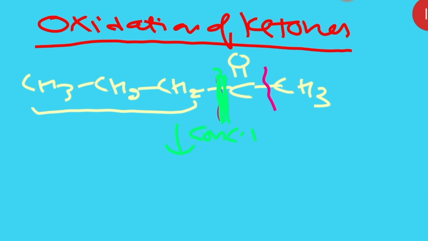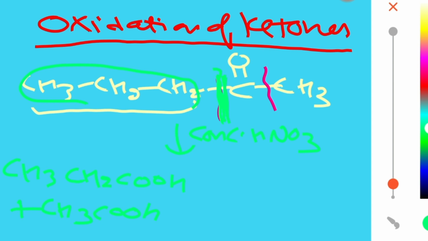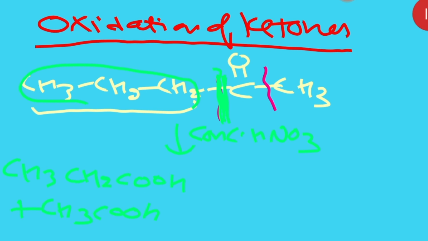Oxidation in the presence of a strong oxidizing agent means concentrated HNO3. Please see, we are getting CH3CH2COOH plus CH3COOH. Clear? Now I am going to cleave from this other side.